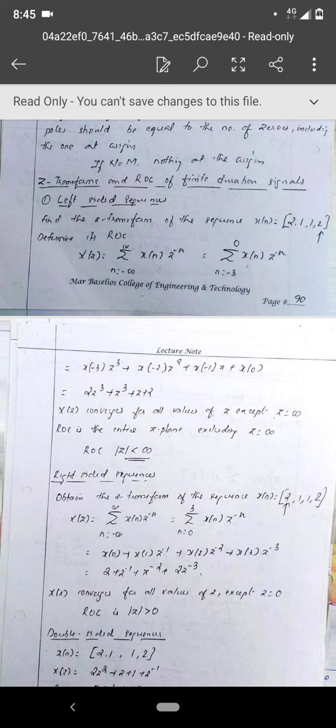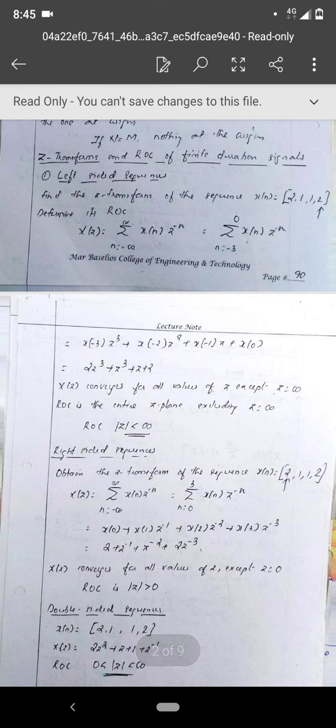First we substitute n is equal to minus 3. x of minus 3 is 2, so 2 into z raised to minus 3, plus x of minus 2 is 1, so 1 into z raised to minus 2, plus 1 into z raised to minus 1, and 2 into z raised to 0, that is 2. If you do that, we get a simple polynomial in z: 2 z raised to minus 3 plus z raised to minus 2 plus z raised to minus 1 plus 2.